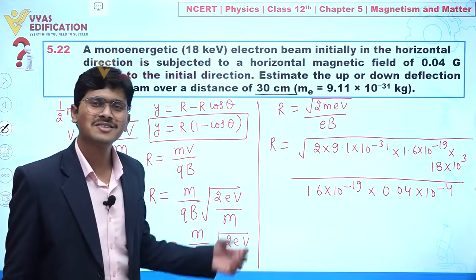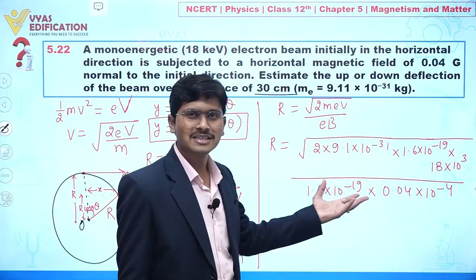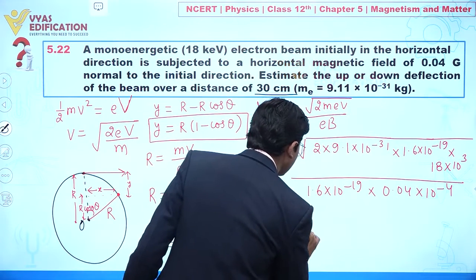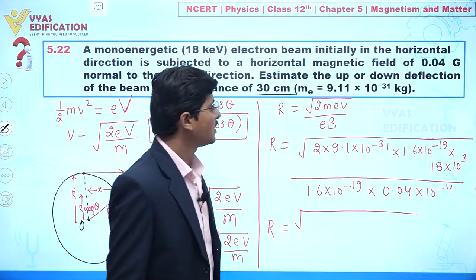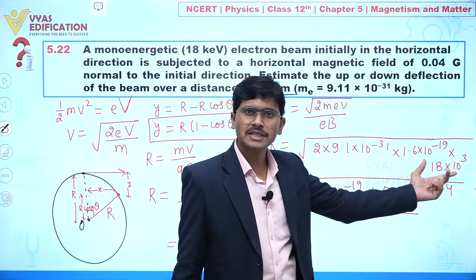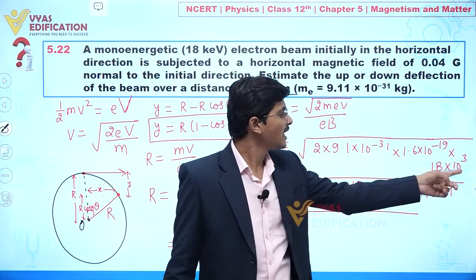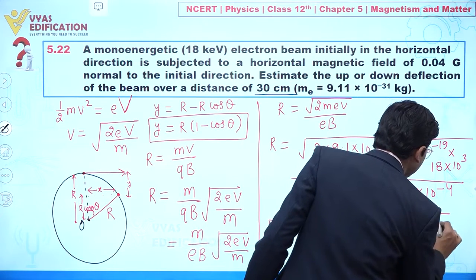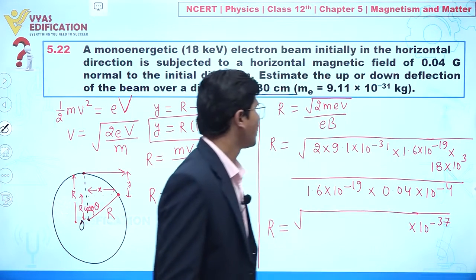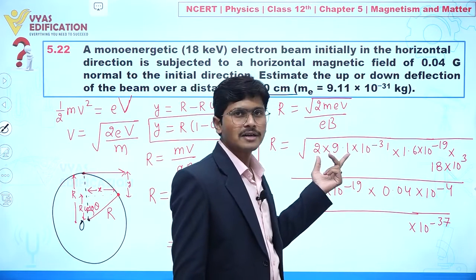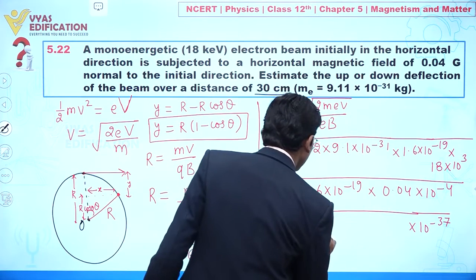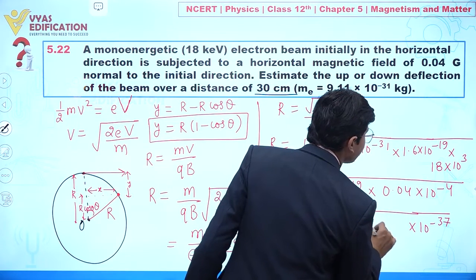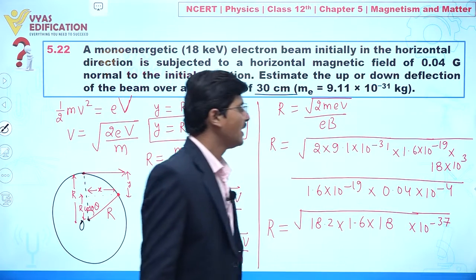Clear? Now we have to simplify this calculation. The value of R is given by under root of 10 to the power minus 31 minus 19, 10 to the power minus 40, and we can say this is 10 to the power minus 37. Now 2 multiply 9.1 is 18.2, so 18.2 multiply 1.6 into 18.